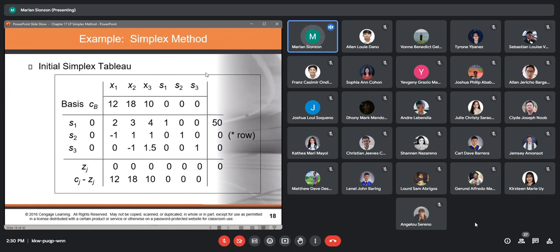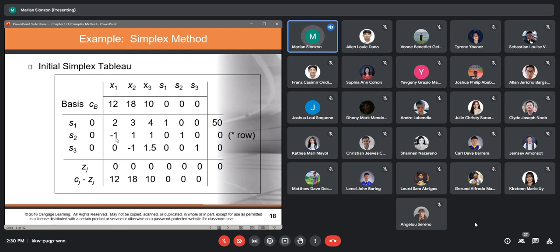What are our basic variables? The first one, if you read it, says 2x sub 1 plus 3x sub 2 plus 4x sub 3 plus s sub 1 equals 50. Can you follow?